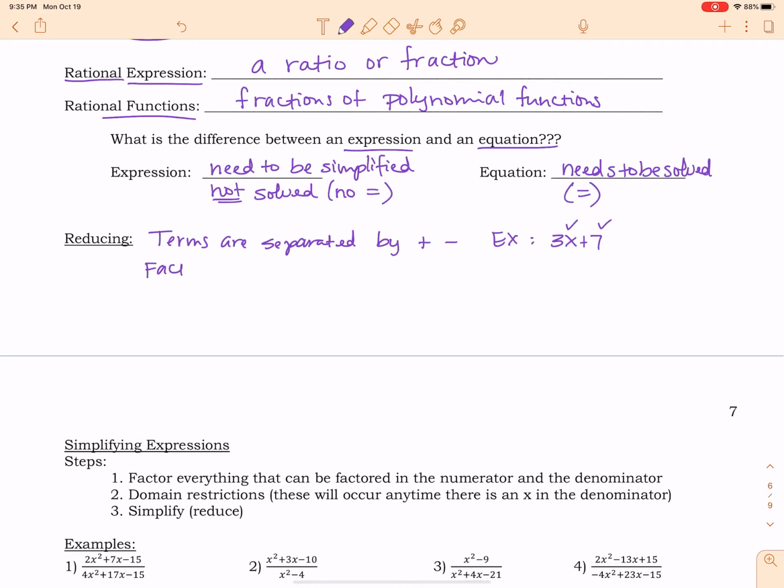Factors, on the other hand, are separated by multiplication. And they, of course, look like this. So an example of this would be something like 3x plus 7 times x minus 1. All right, this is a factor, this is a factor. They're being multiplied together. Now, within factor 1, there are two terms, and within factor 2, there are two terms. Just keep that in mind.